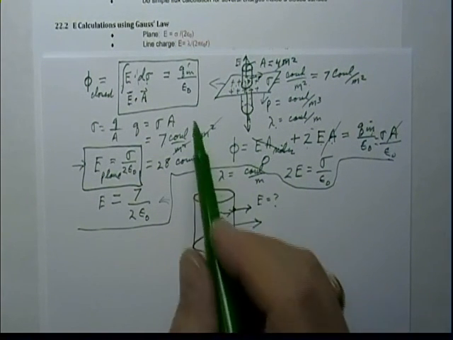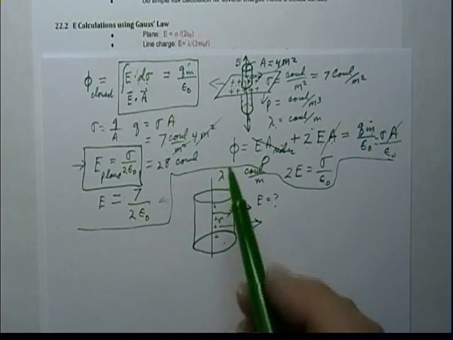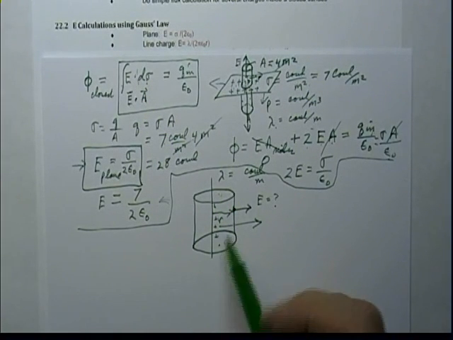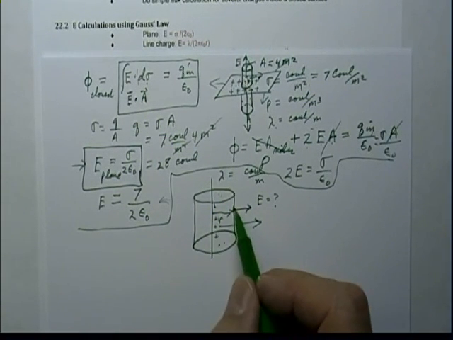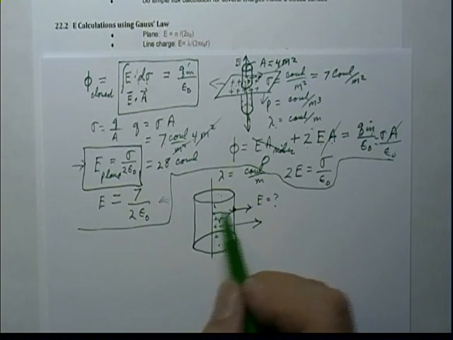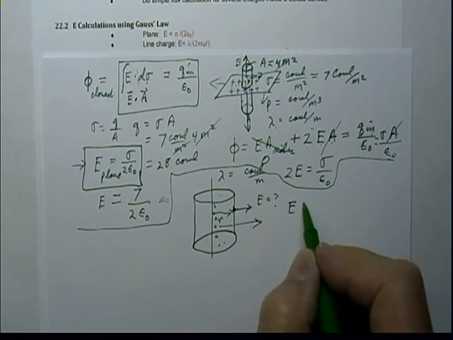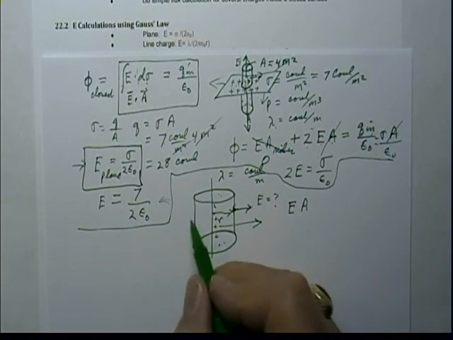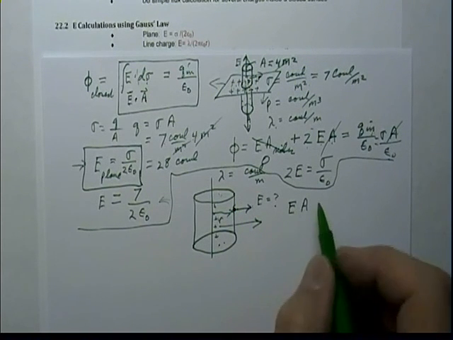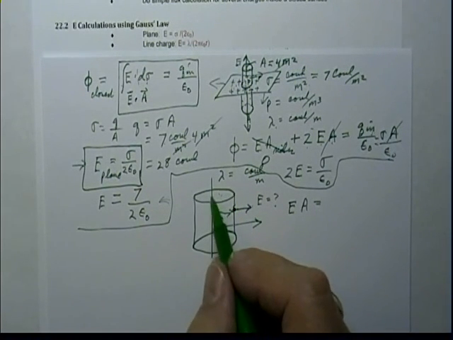So the dot product of E times A on the top and the bottom is 0, and all around the sides it's totally uniform. E is the same value because it's the same distance out. So I know that E times the area, which is the side of the cylinder, is going to be equal to the total charge inside.